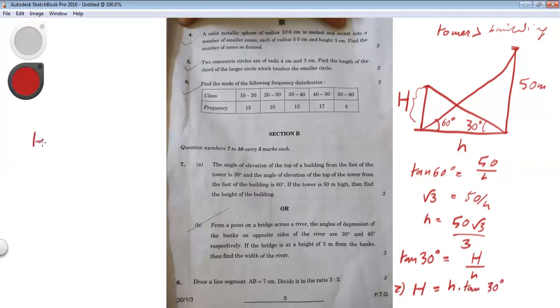So I'm writing it on the other side. Capital H will be h, which is 50 √3 by 3, into tan 30, which is 1 by √3. √3 cancels. So you get the answer as 50 by 3. That's it. You can leave your answer as 50 by 3.